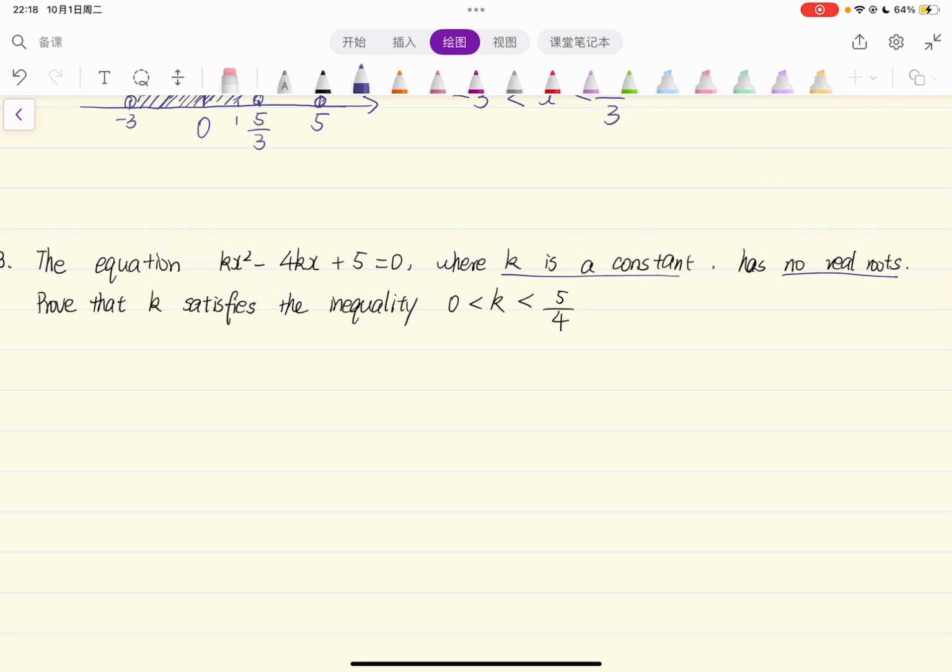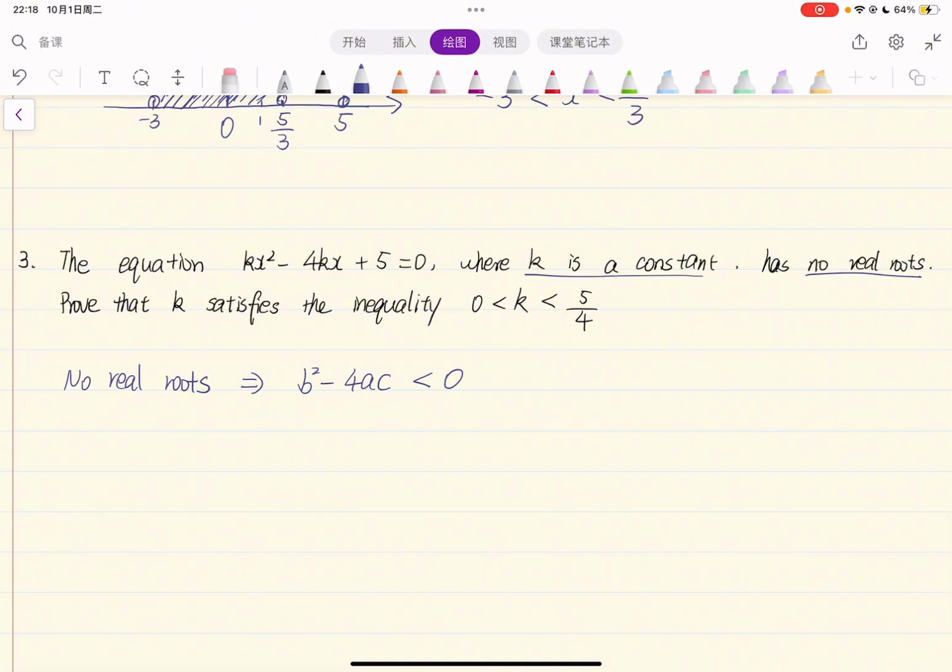From the question, we need to remember that no real roots for the quadratic equation means that the discriminant b squared minus 4ac is less than 0. And from the equation, we have a equals k, b equals minus 4k, and c equals 5. And we substitute them into the discriminant.